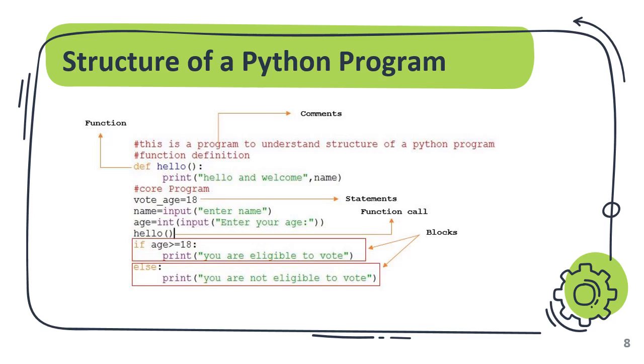The if block runs if the condition is satisfied. If the condition is not satisfied, it goes to the else block. So this is our basic structure of a Python program, and these are the basic elements in the Python program.